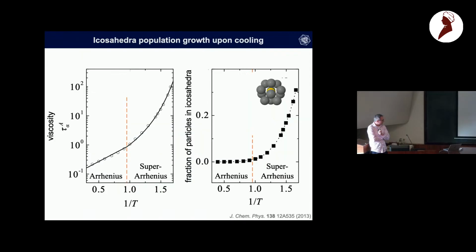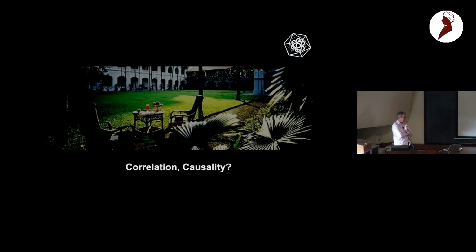And this is the Angell plot, and as it becomes super-Arrhenius, below the onset temperature is when we start to see these clusters forming. So that's all fine, but does that prove anything? I mean, you just see more of these clusters as you cool the system.